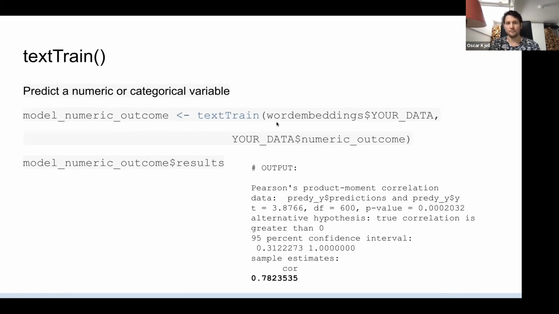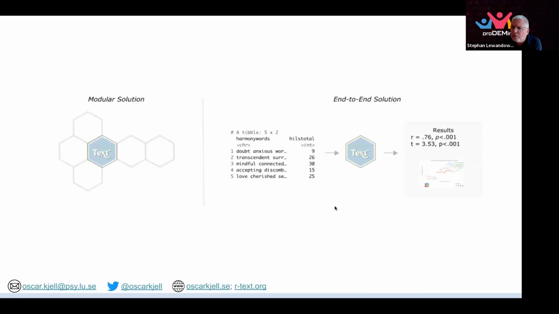If you want to create a model, you provide it with the word embeddings from the previous step, and then you provide the numeric outcome that you want to predict. You wait a bit, go for maybe not a coffee, but both a coffee and a walk, and then you get a model with results and predictions. So we see the text package as both a modular solution and, with high-level functions, an end-to-end solution.